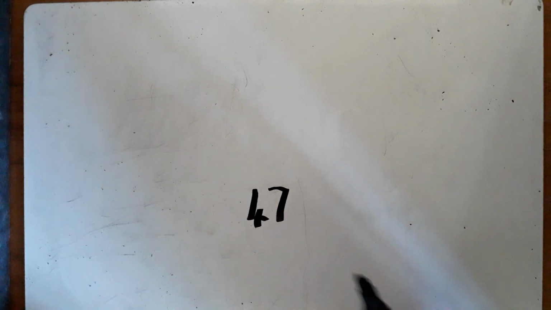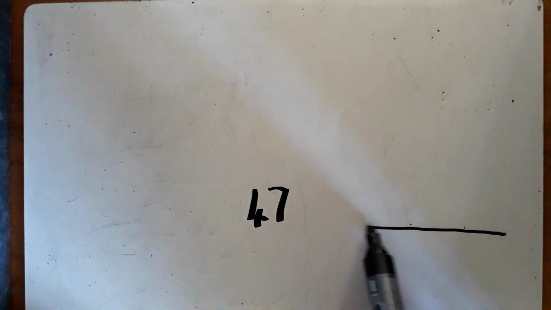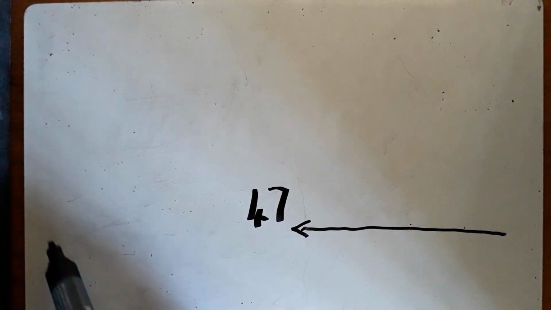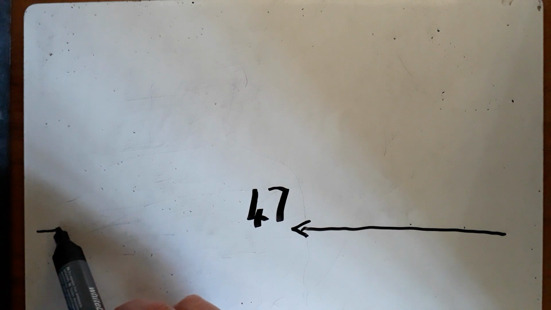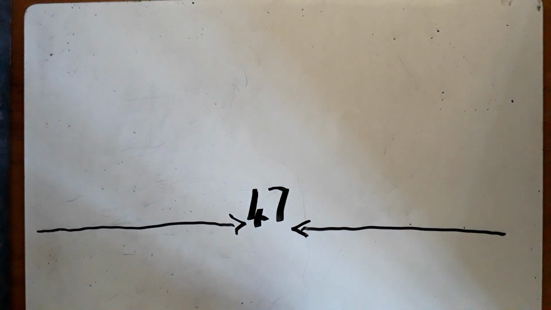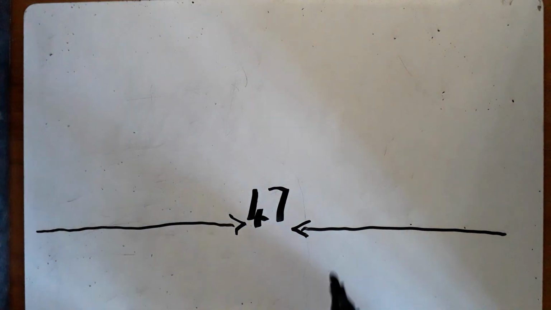What people tend to do is remember that there are some numbers that would round down to 47, or they look at it the other way and remember there are some numbers that would round up. To find all the possibilities, you need both sets of numbers.